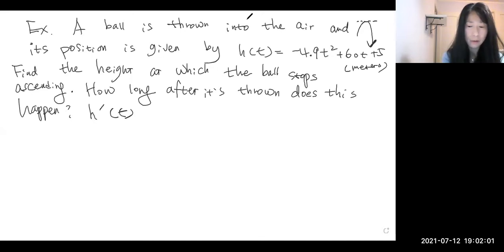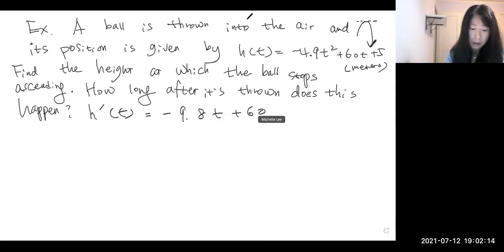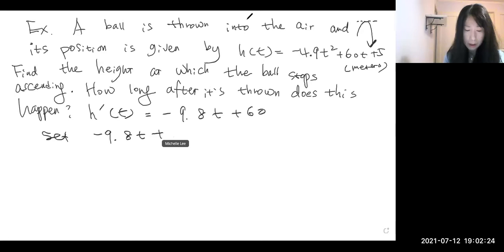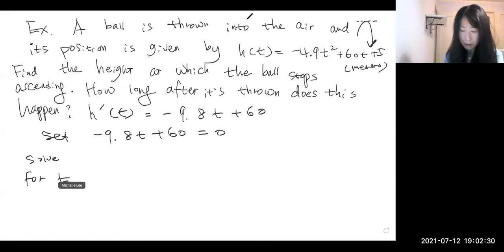So you should use a calculator, right? Because that's negative 9.8t plus 60. Okay, set negative 9.8t plus 60 equal to 0. Solve for t. What do you get?